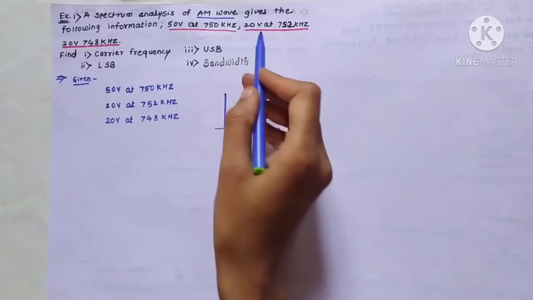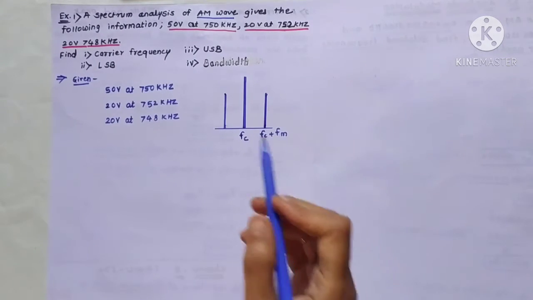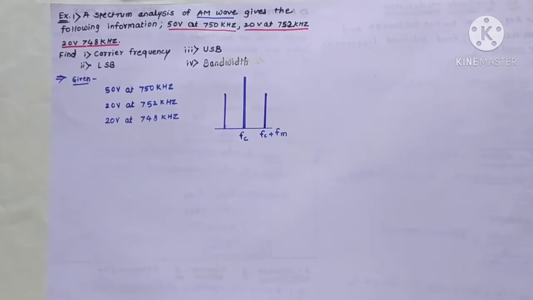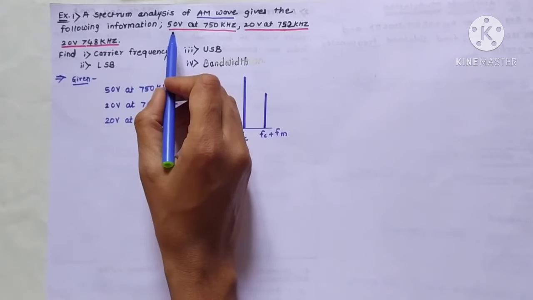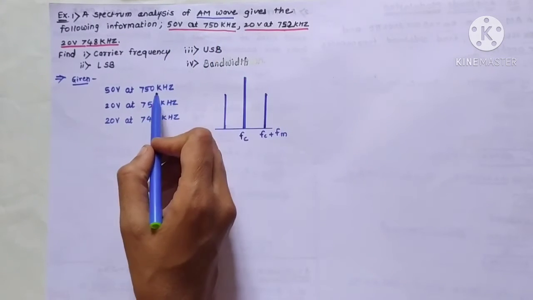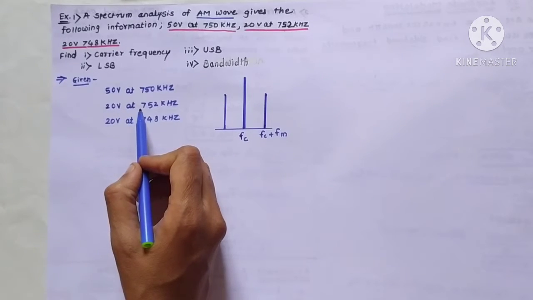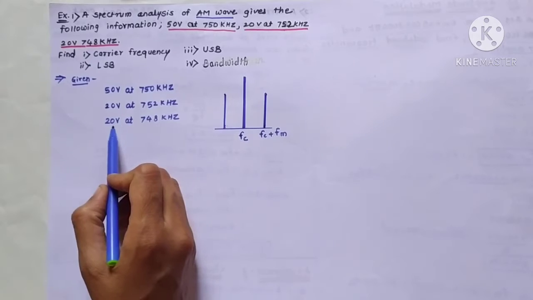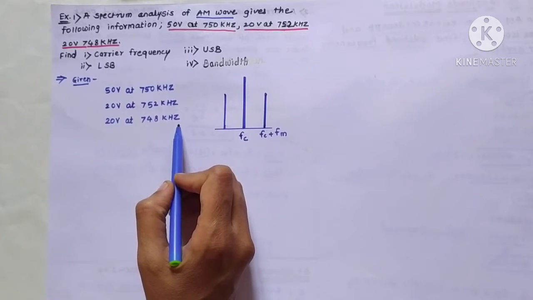first we have to read the problem carefully, then we have to write down the given things from the problem. Okay students, here the given things are 50 volt at 750 kHz, 20 volt at 752 kHz and 20 volt at 748 kHz.